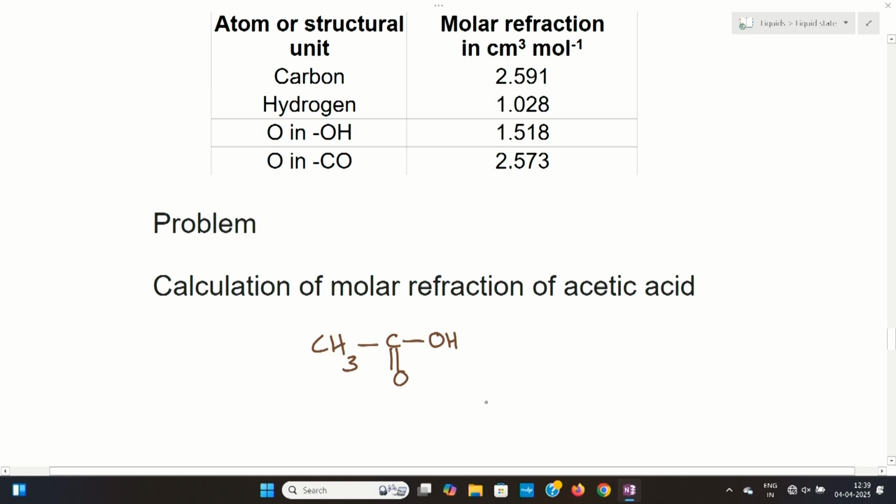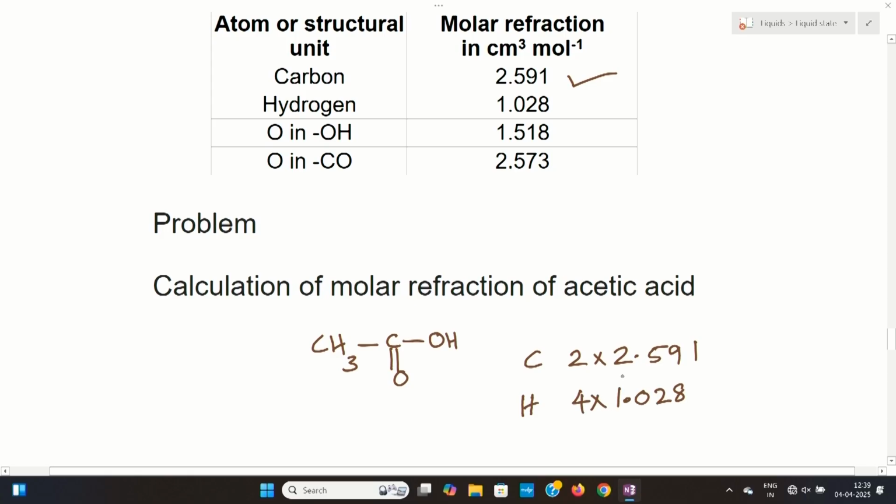We have two carbons. Therefore, for carbon, 2 into, in the table we have the carbon molar refraction value, that is 2.591. Then we have 4 hydrogens, that is 4 into 1.028.